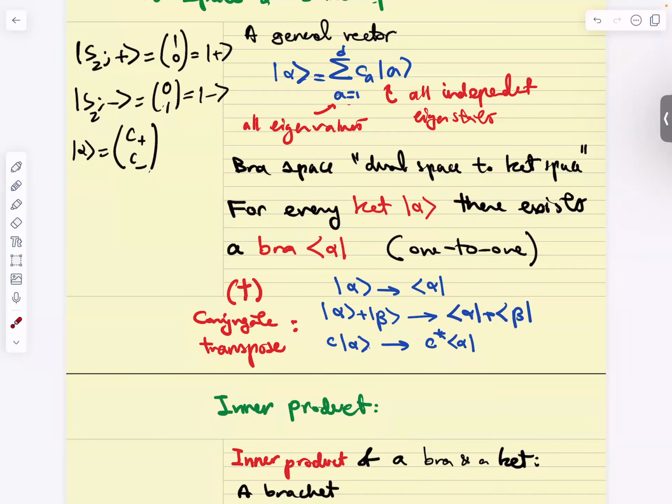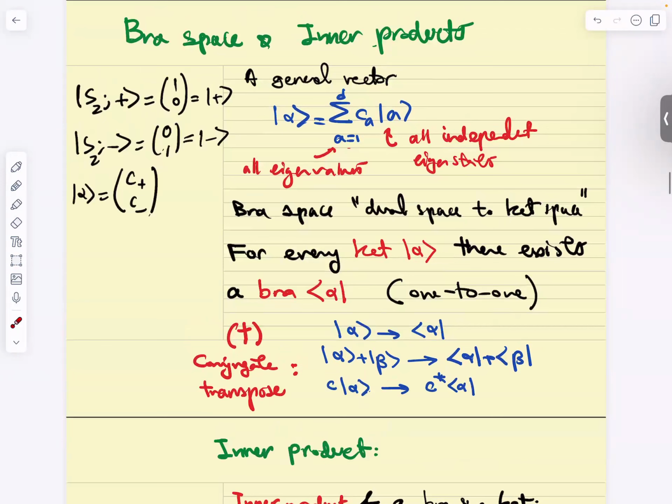So what does this mean? It means that for every ket, every complex column vector, there exists a bra, which is a row vector. There's a one-to-one correspondence, and this correspondence is through what is called the conjugate transpose. It sends the ket alpha to the bra alpha.